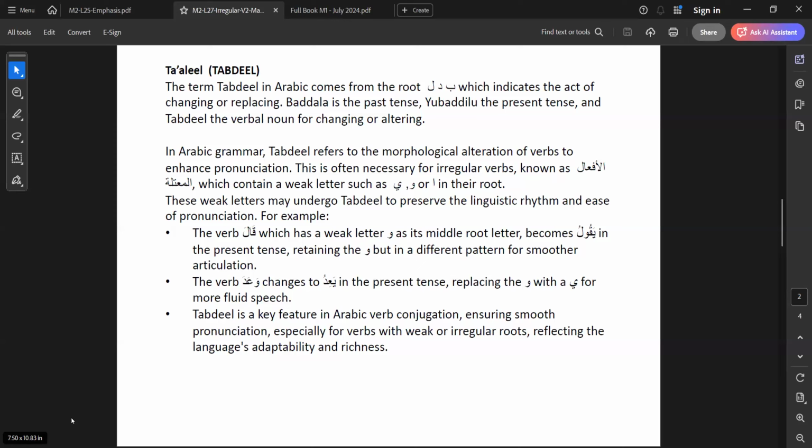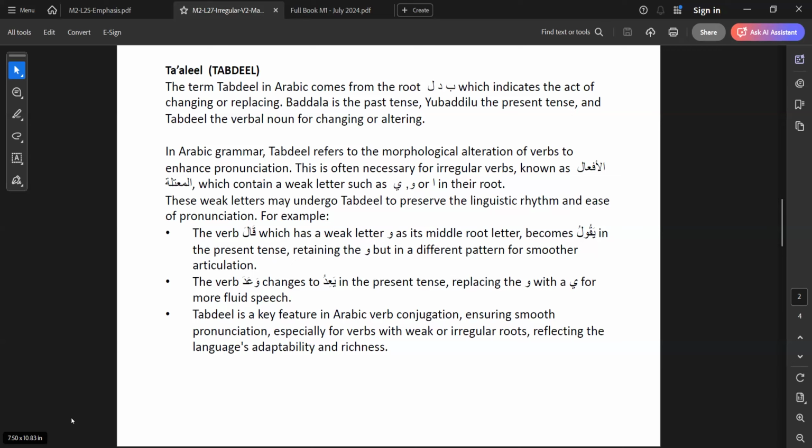So under Mu'tal, what's the acronym we use to help us remember? Under Mu'tal, we've got four letters to remember. M, what was the first word?